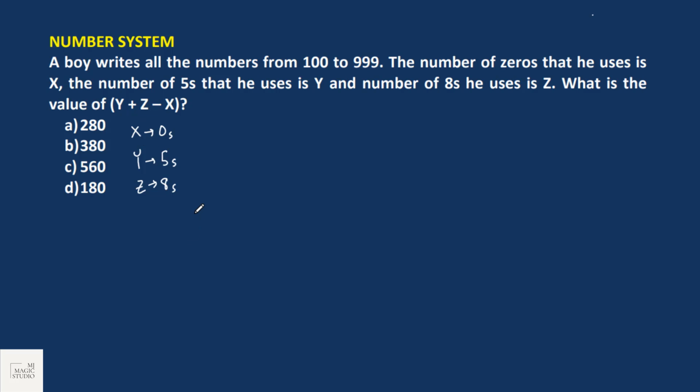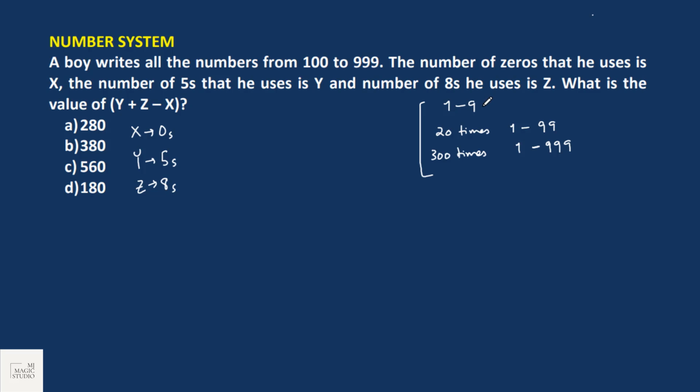Now, there are a few things which we should know. Digits 1 to 9 occur 20 times when we write from 1 to 99, and they occur 300 times when we write from 1 to 999. This is the rule set.